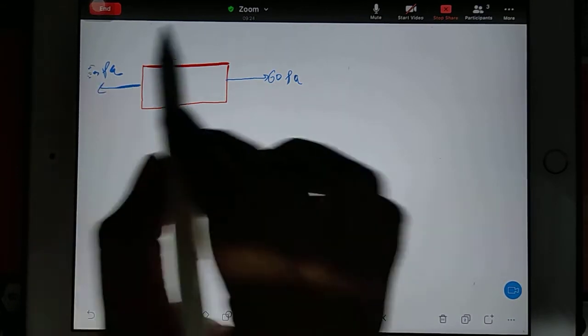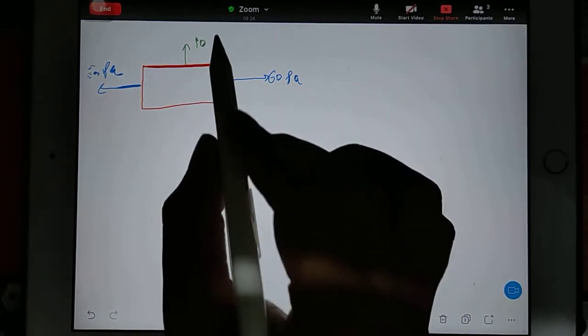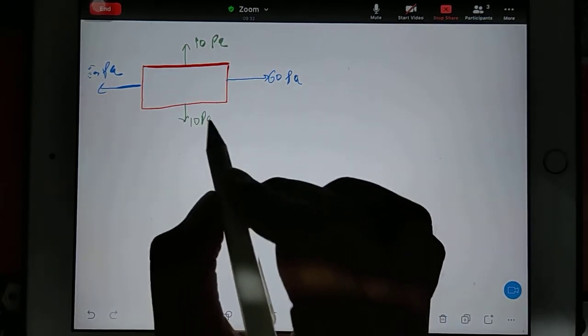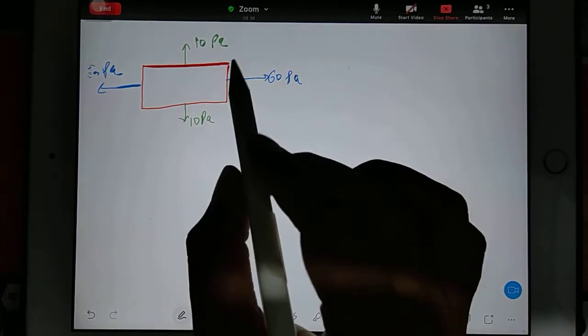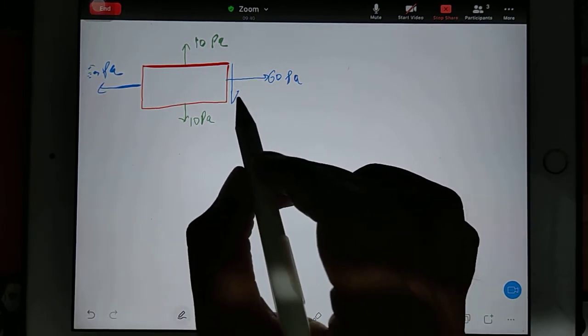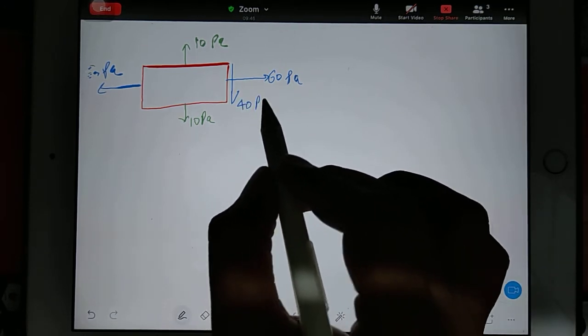And now imagine in this direction some 10 Pascal stress is acting, and in this direction some 10 Pascal stress is acting. Also consider shear stresses are acting. So in this direction a shear stress is acting. Imagine I give the shear stress value as 40 Pascal.